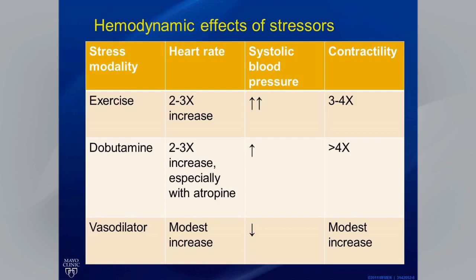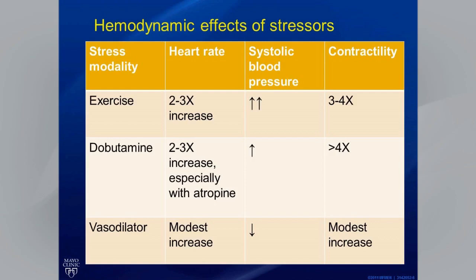With exercise, we can expect to see a 2 to 3-fold increase in heart rate, a substantial increase in systolic blood pressure, and a marked increase in myocardial contractility in the normal heart. With dobutamine in the normal heart, we also see a marked increase in heart rate, especially if we include atropine administration.